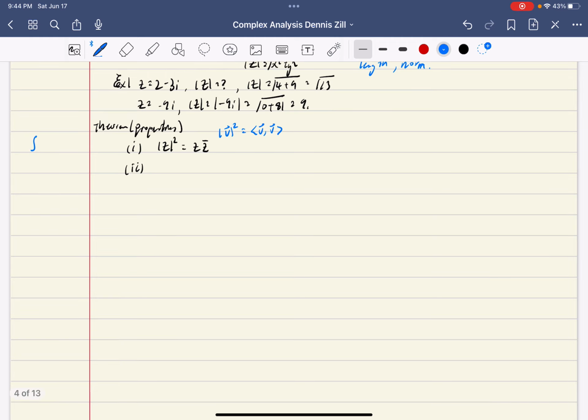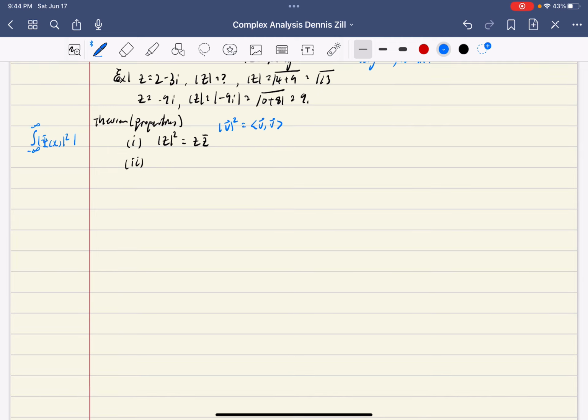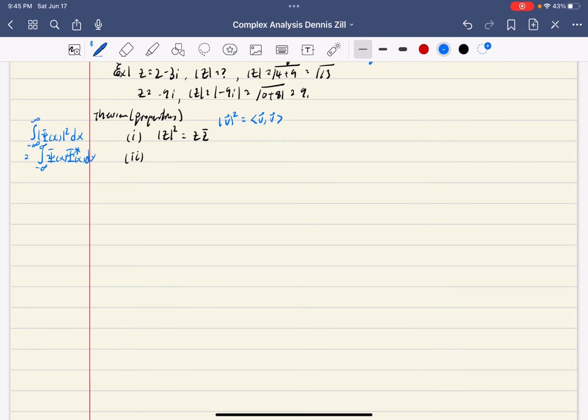You have the integral from, I think, negative infinity to infinity of a complex function of x, squared, dx, and this is equal to, really, just this, the star, that's a complex conjugate of a function, right? That is just some quantum mechanics for you.